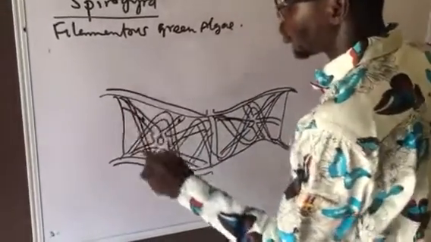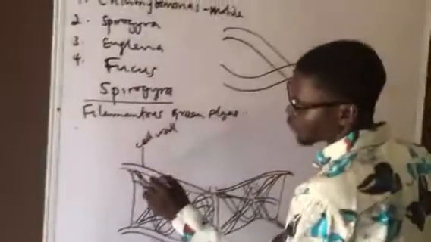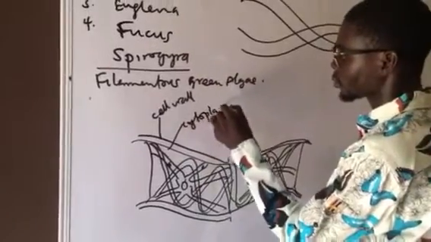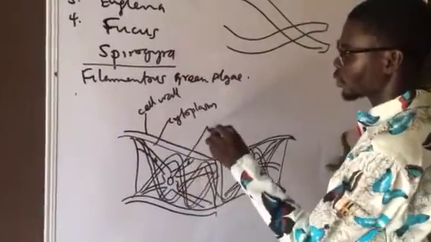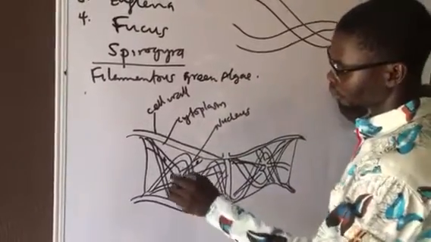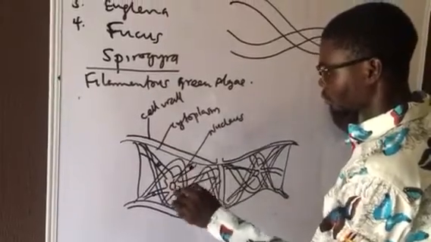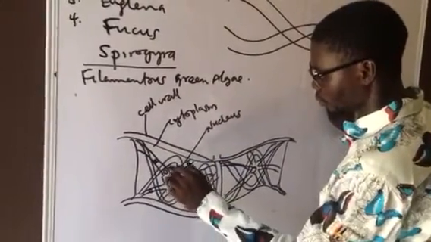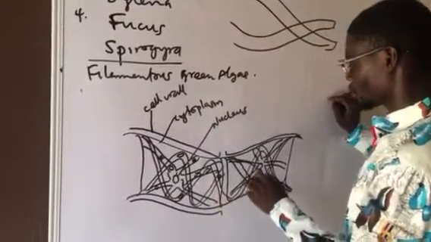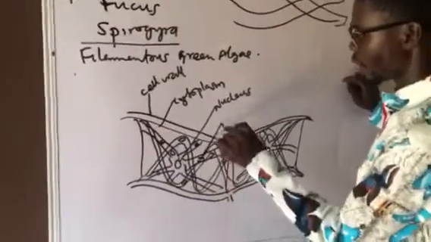So we have the cell wall. We have the cytoplasm. We have the nucleus. We have the pyrenoid. So this is the structure.